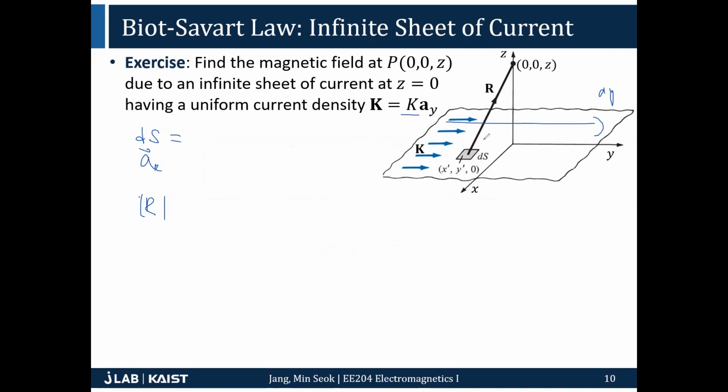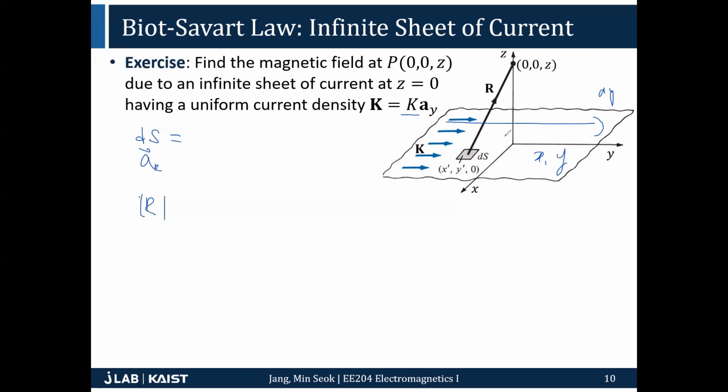For dS, here it's better to choose XYZ coordinates rather than cylindrical coordinates. Why? Can anyone answer why cylindrical coordinates are not appropriate here?